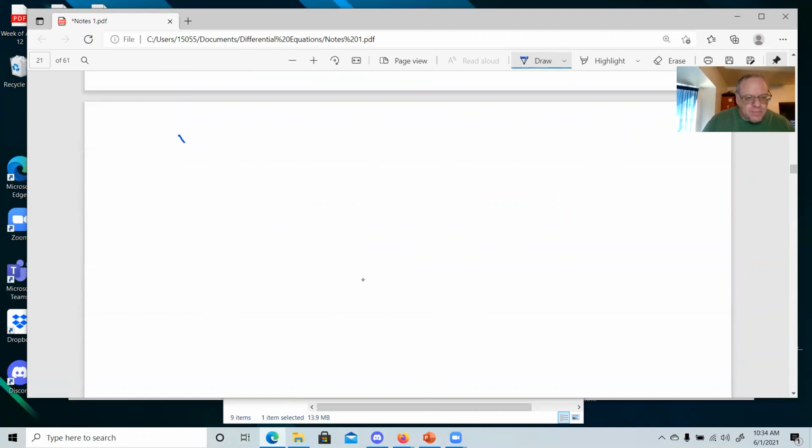This was y squared cosine x minus 3x squared y, minus 8x dx plus 2y sine x minus x cubed plus ln y dy is equal to 0.